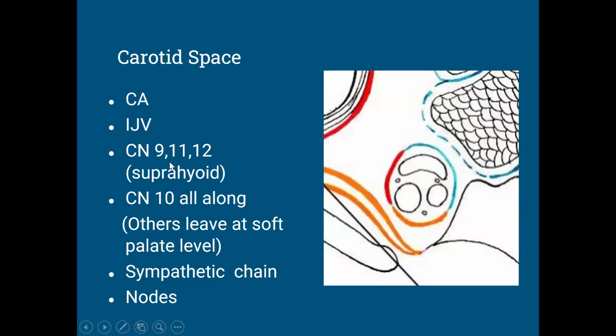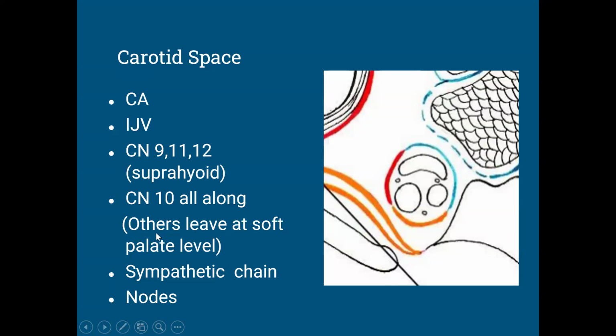Whereas nerves 9, 11, and 12 are only located in the suprahyoid portion of this space, and they are not present in the infrahyoid portion because they leave at the skull base level to their respective locations. So we only have cranial nerve 10 in both the supra as well as the infrahyoid portion. In addition, we have the sympathetic chain and lymph nodes.